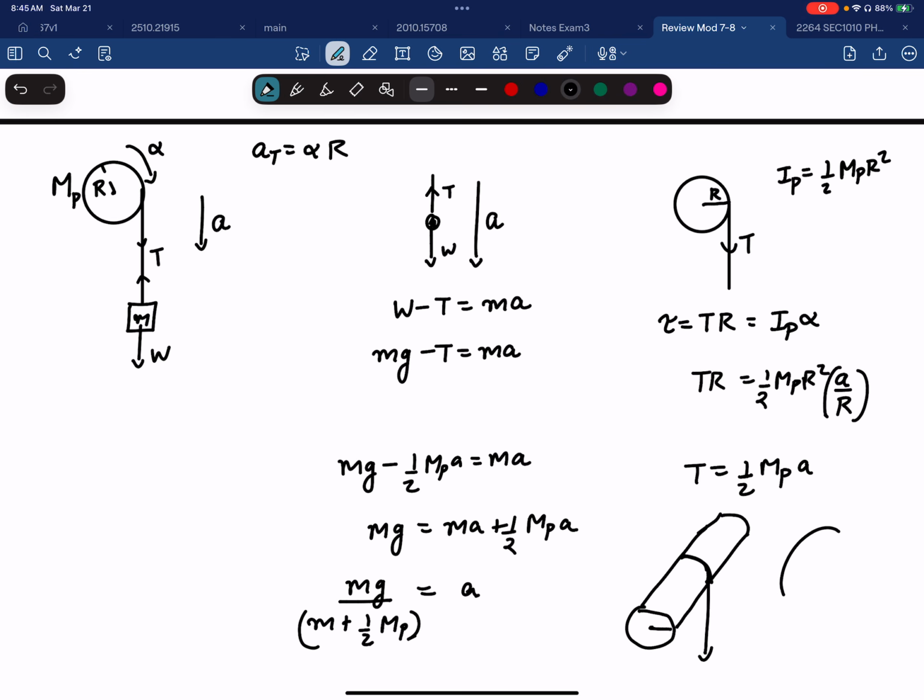Or if it is a sphere, sorry, my spheres are very bad.